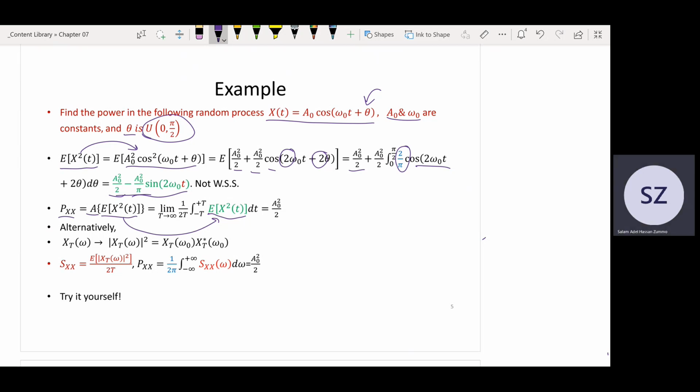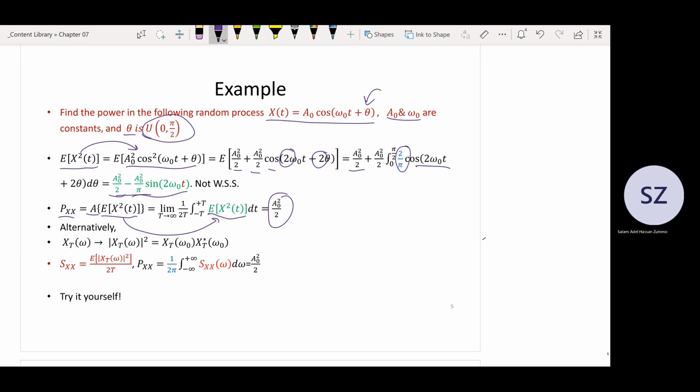Because it will be sine of 2 omega 0 capital T minus sine of the negative one, and we know that sine of minus A equals minus sine of A, which basically gives you 0. So we end up with this, which is the same as the average power of the deterministic version of the signal, if theta wasn't there.